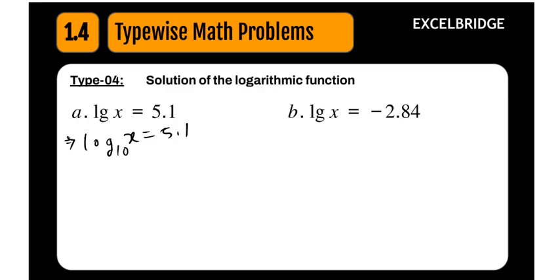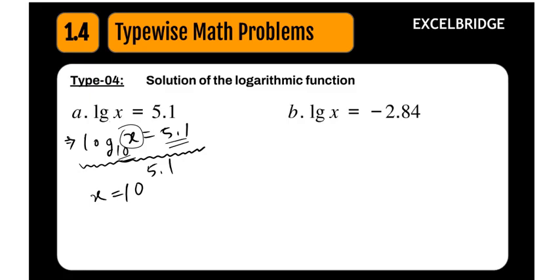See that if we want to convert this form into exponential form, what can we write? x is the value of the exponential, this is the base 10, and this is the exponent.